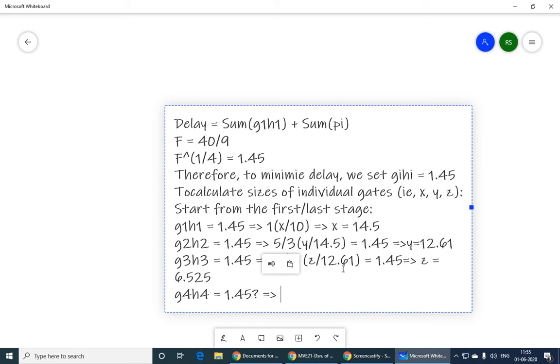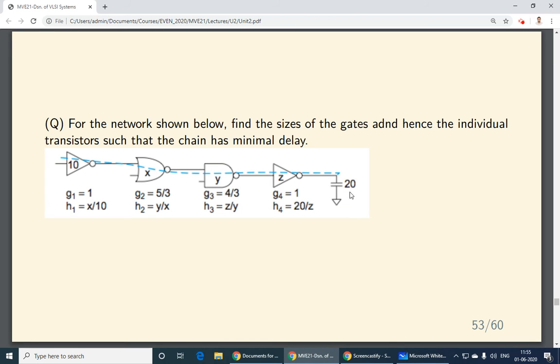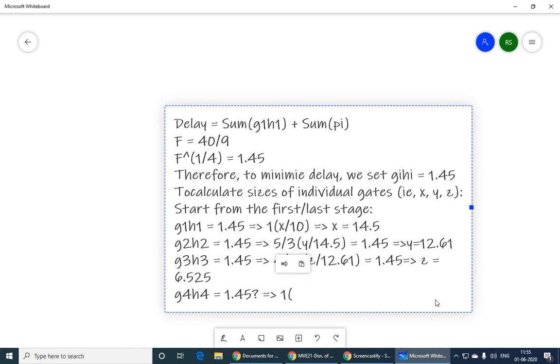G4 we know is how much? 1, into H4. So H4 is output capacitance by input capacitance. Output capacitance is 20. Input capacitance is, let's check that.